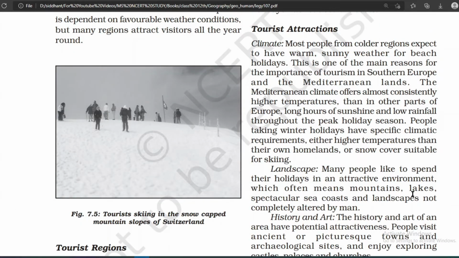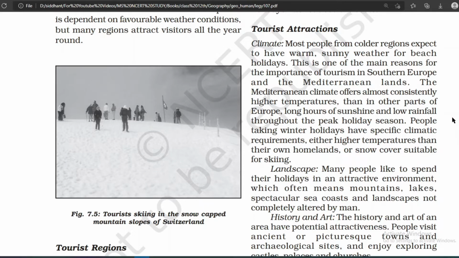Tourist attraction, climate. Most people of colder regions expect warm, sunny weather for beach holidays. This is one of the main reasons for the importance of tourism in Southern Europe and the Mediterranean lands.